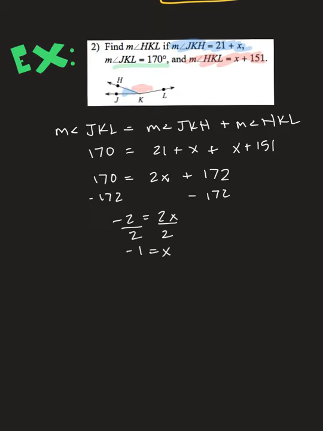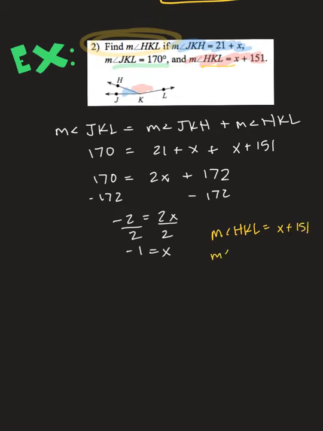Just like in our last example, we have to look at this problem and see what it is asking us. It's asking us to find the measure of angle HKL. In this problem, that's this one right here, the red one, so that's X plus 151.